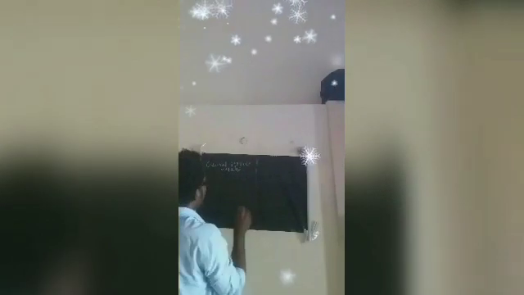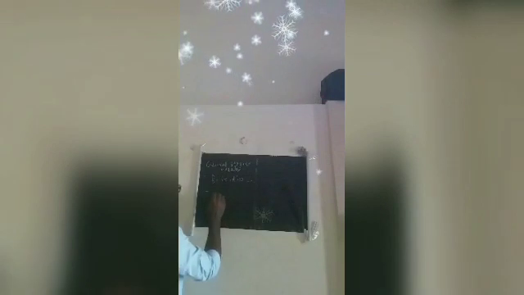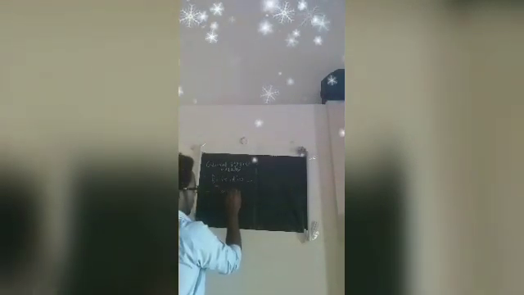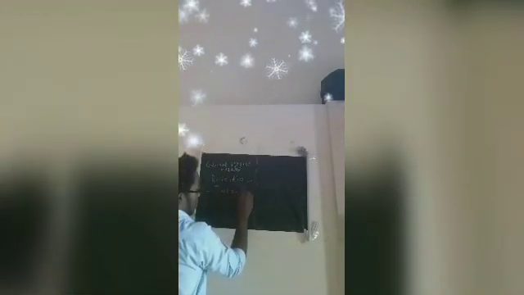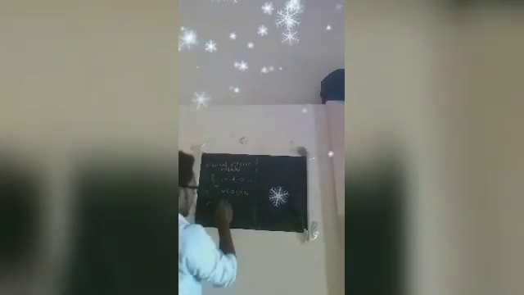The second method is what we call the bisection method. The third method is the Jacobian method. And the next method is the Gauss elimination method.